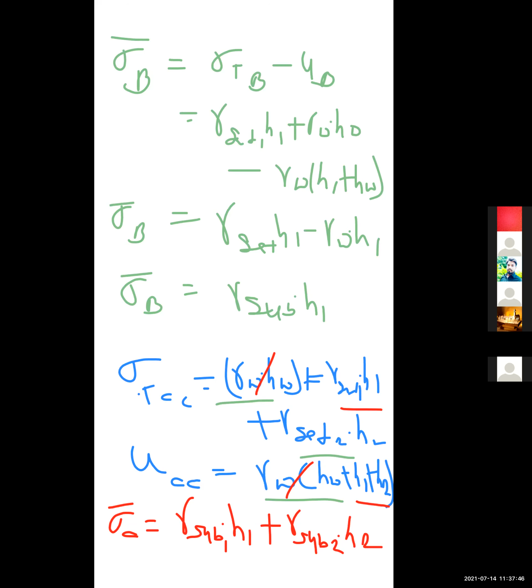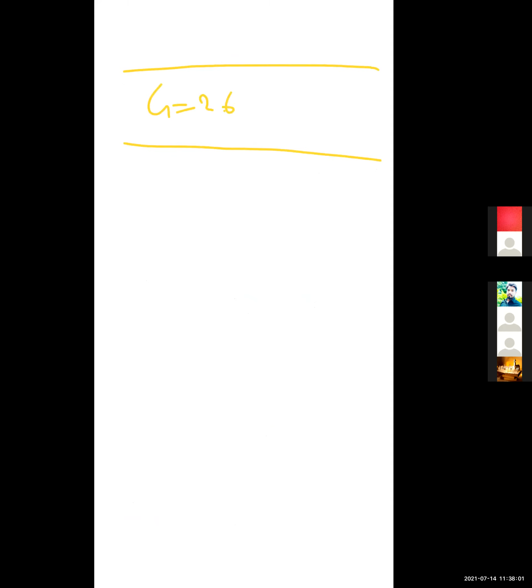A soil profile consists of a 3-meter thick layer of dry sand having G equal to 2.65, E equal to 0.7 and effective size equal to 0.11 mm. A 4-meter thick clay layer is present beneath the sand.